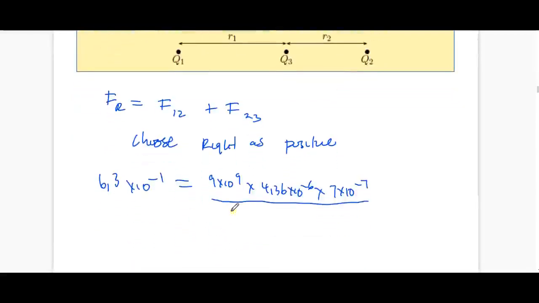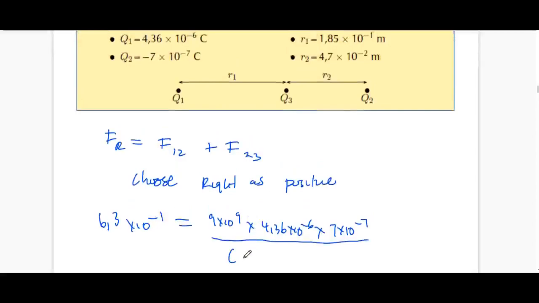So it's going to be 1.85 times 10 to the power minus 1 plus 4.7 times 10 to the power minus 2, all squared.